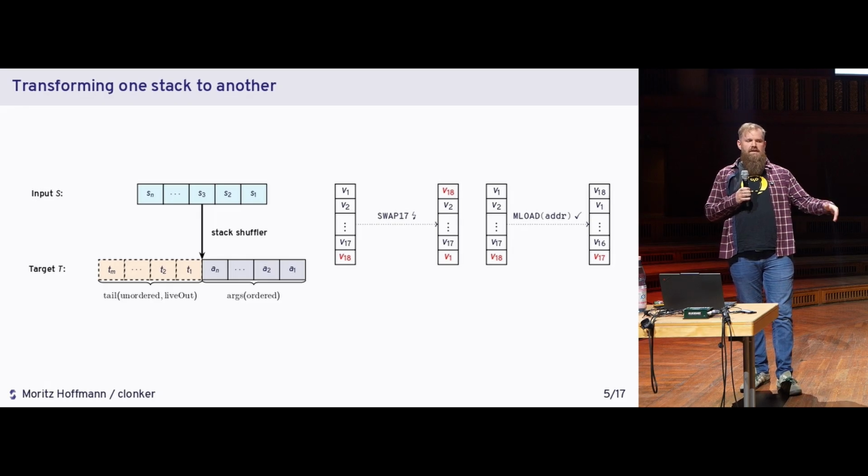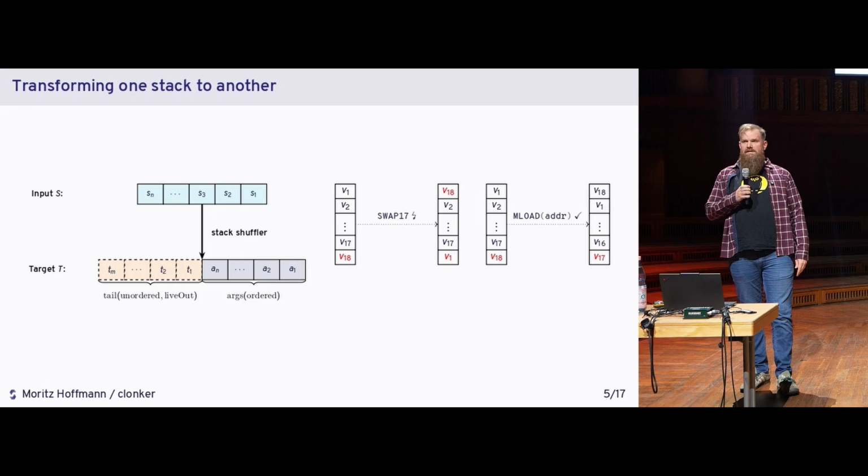And it has an unordered, liveness-information-informed tail end. And this tail end then simply contains the information of what we need downstream symbolically after the arguments of the next operation have been consumed to carry on without loss of information.